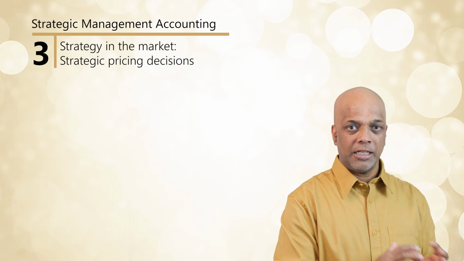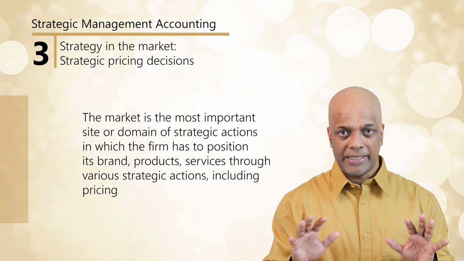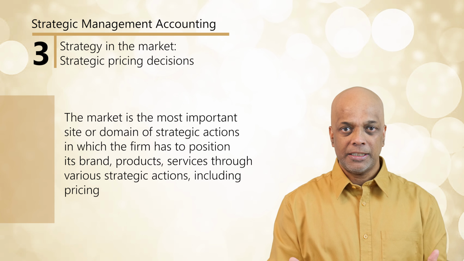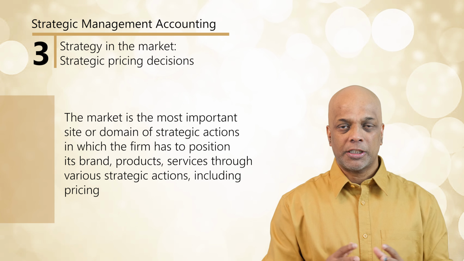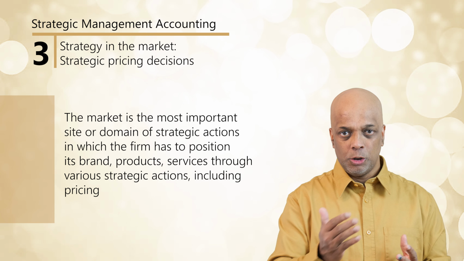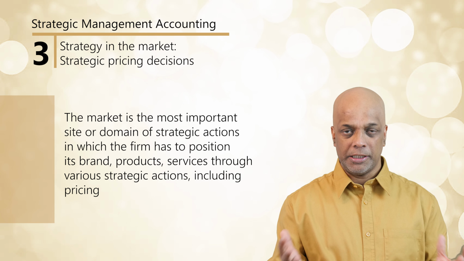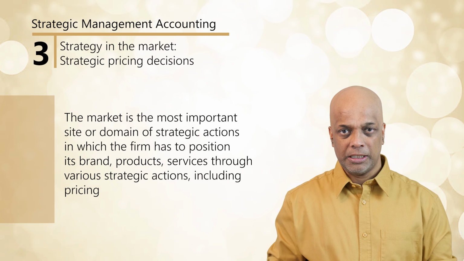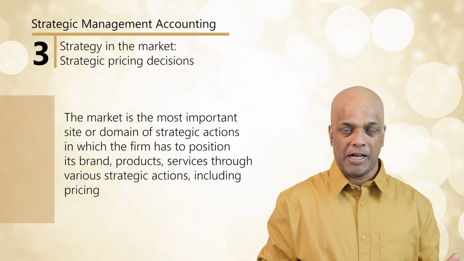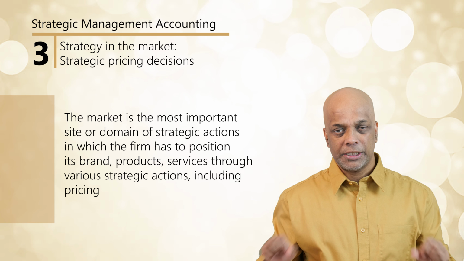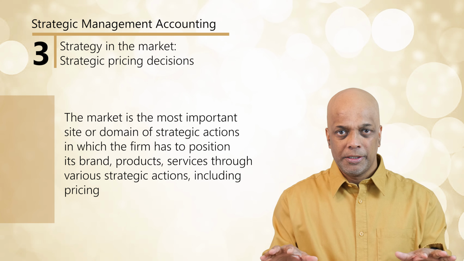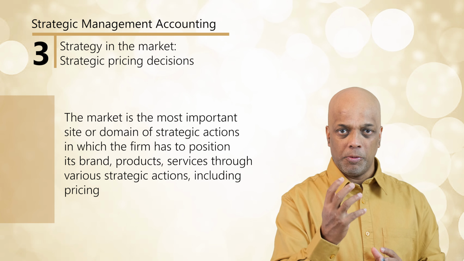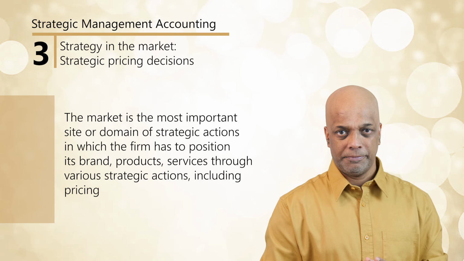As we discussed in our previous lectures, there are 3 interrelated domains or sites of strategic actions in which you can enable and enact your strategies: the market, point of production, and the organizational hierarchy. Of these 3 domains of strategic actions, the market is the most critical and important.